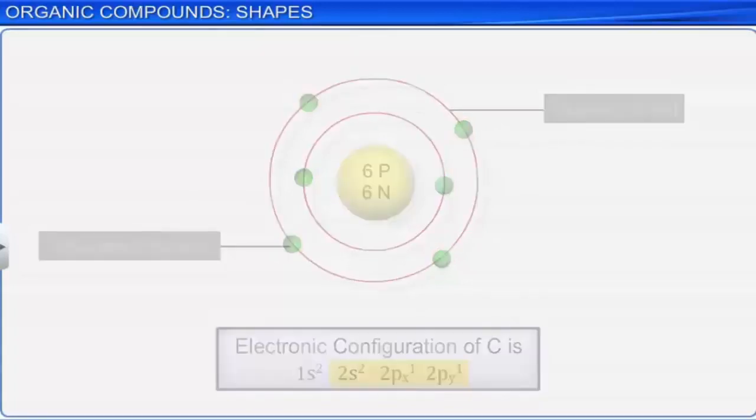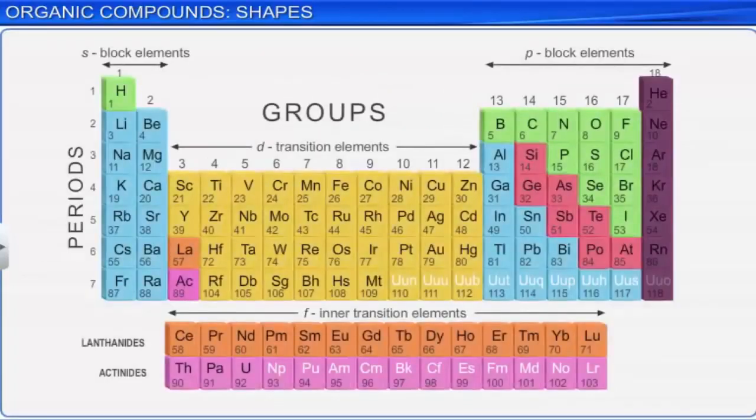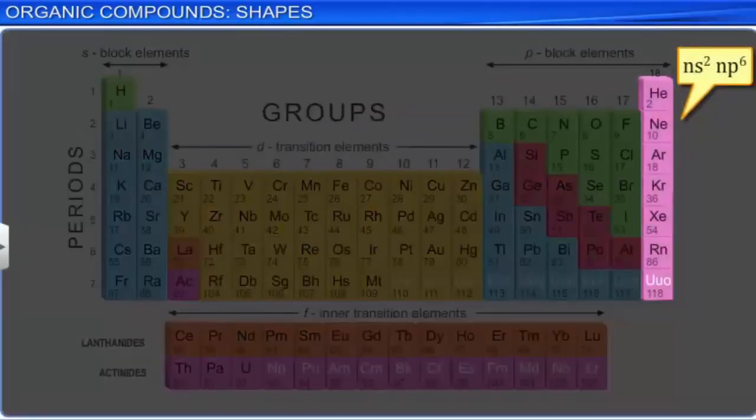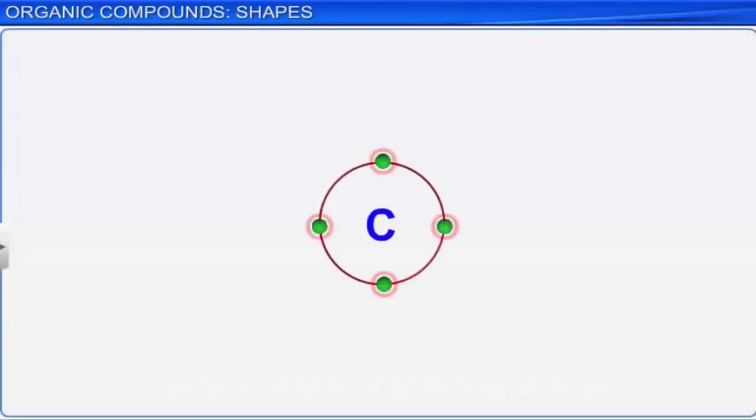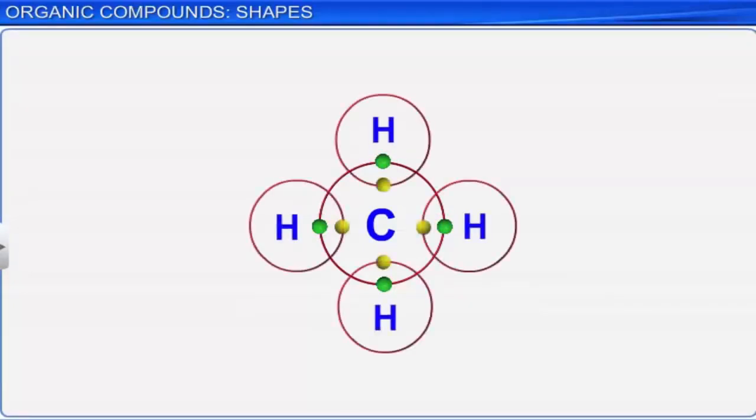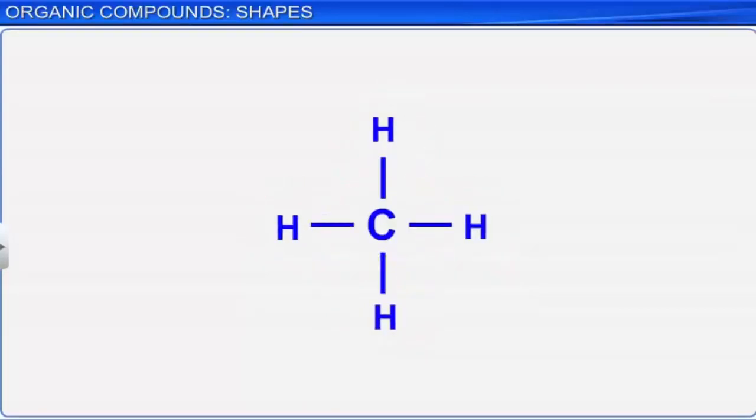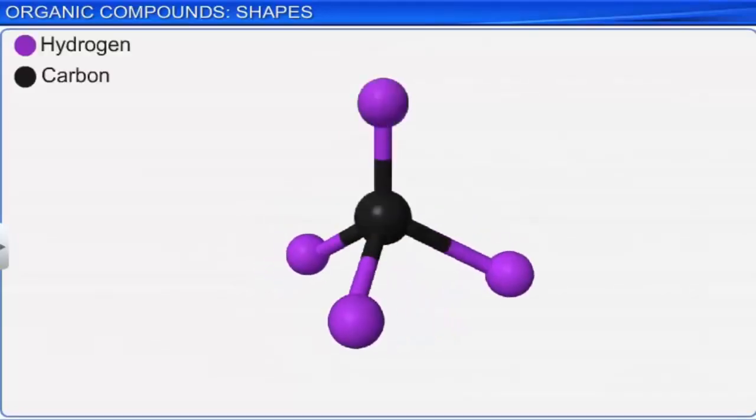All elements tend to complete octet in their valence shell to become stable. Since carbon has 4 electrons in its valence shell, to complete its octet, the valence electrons of it form 4 covalent bonds with atoms of other elements. This characteristic of carbon atom, by virtue of which it forms 4 covalent bonds, is called as tetravalence of carbon.